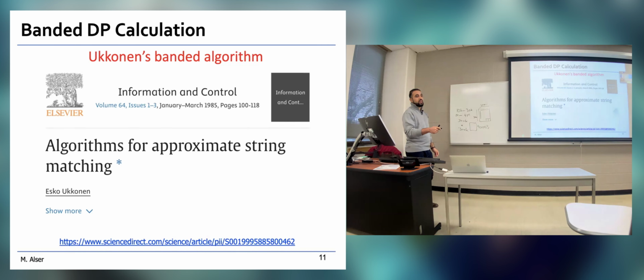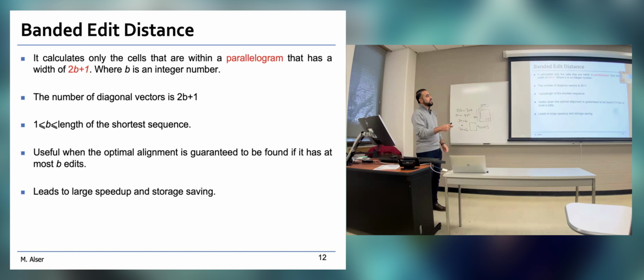All right, so the banded concept could be applied to dynamic programming, edit distance, sequence alignment, whatever you want. The same concept could be applied to anything that requires the dynamic programming table. It calculates only the cells that are within a parallelogram that has a width of 2b plus 1, where b is an integer number.